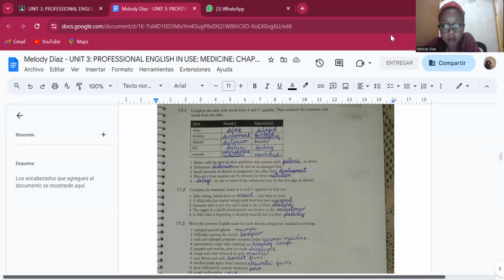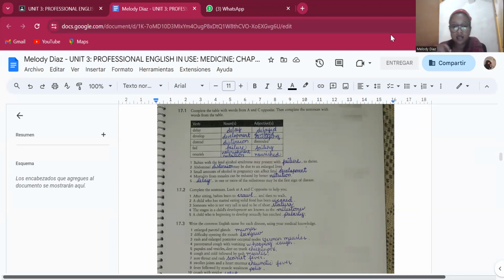Number 3, small amounts of alcohol in a pregnancy can affect fetal development. Number 4, mortality from measles can be reduced by better nutrition. Number 5, delay in one or more of the milestones may be the first signs of disease.